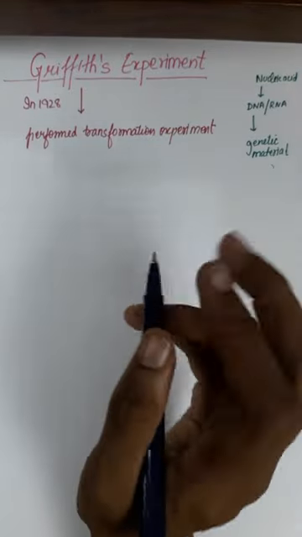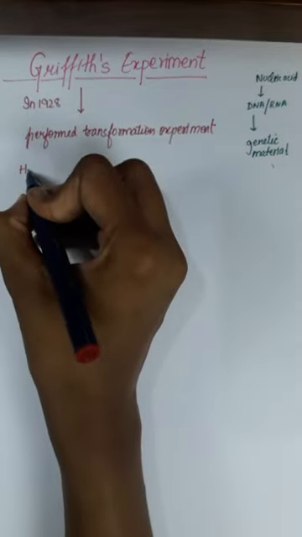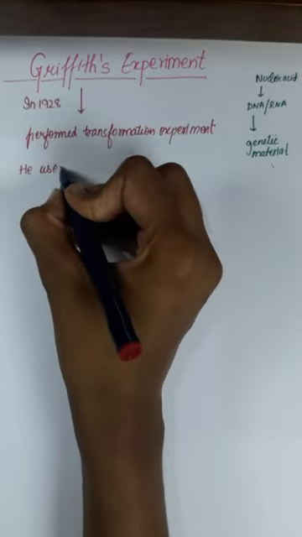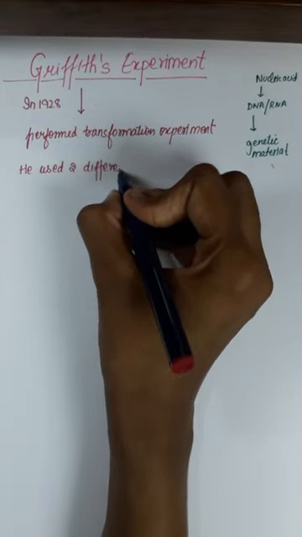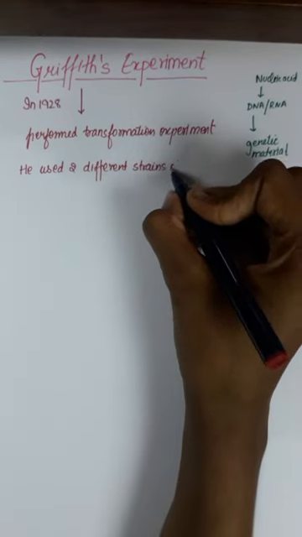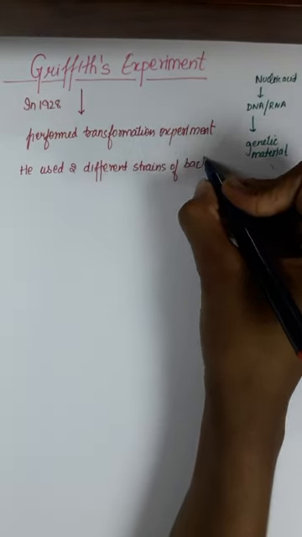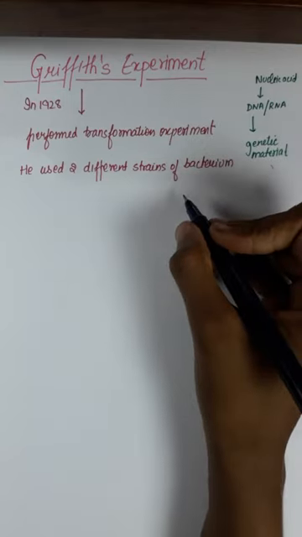He used two different strains of the bacterium Diplococcus pneumoniae.